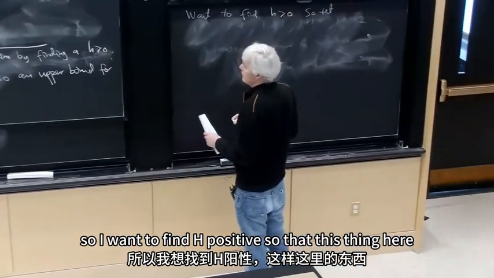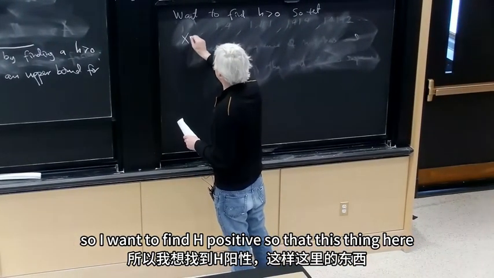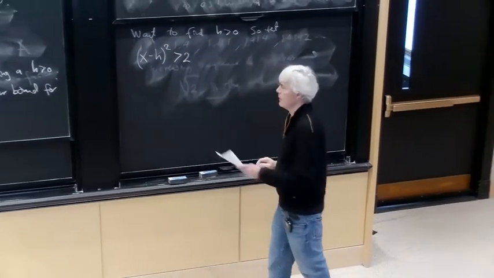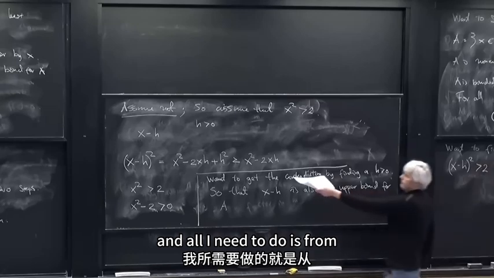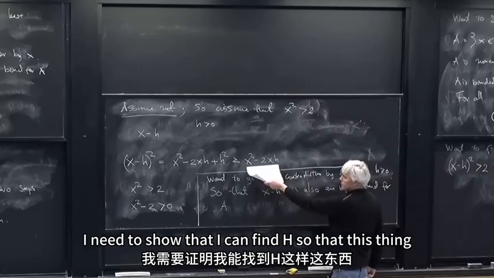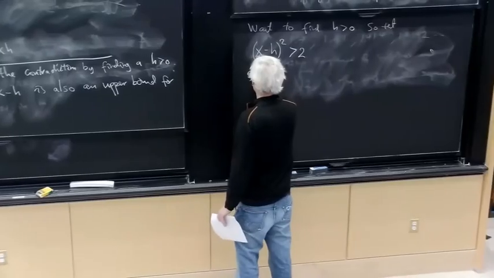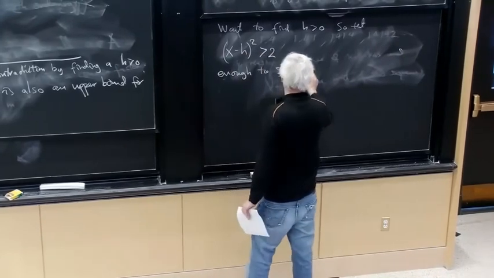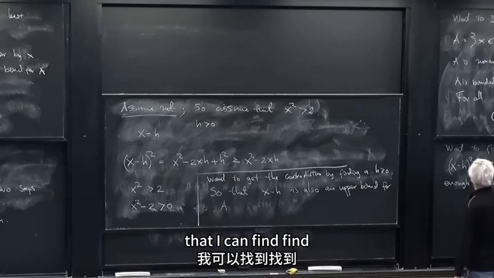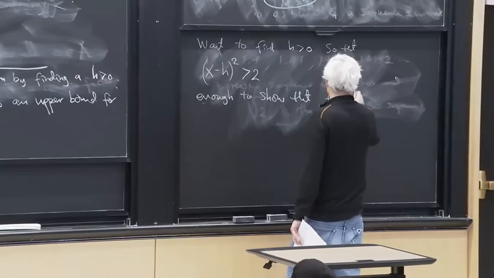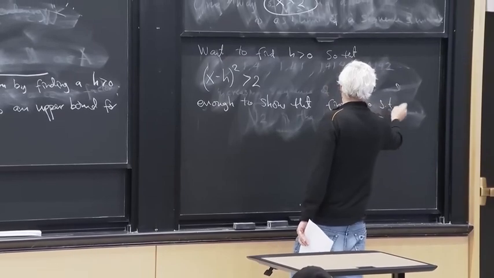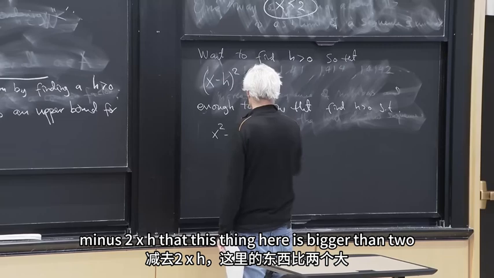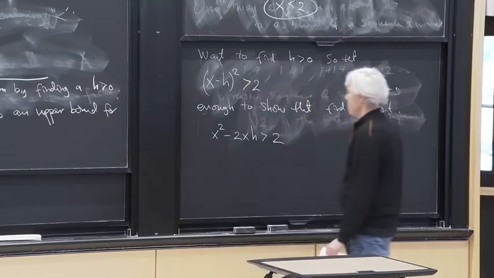So I want to find h positive so that this thing here is bigger than 2. It's enough to show that I can find h such that x squared minus 2xh is bigger than 2.